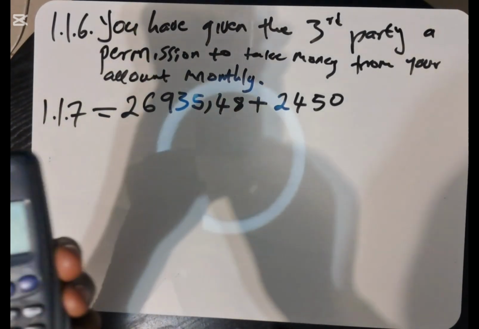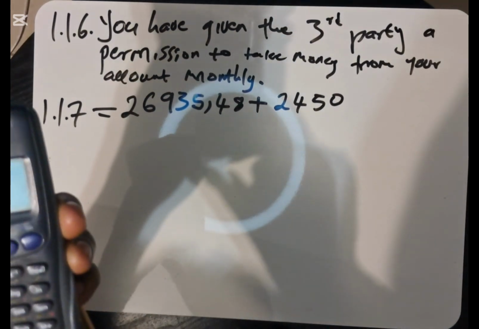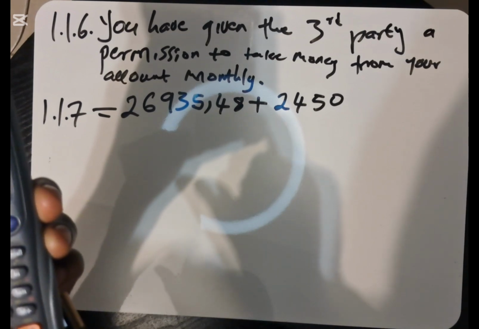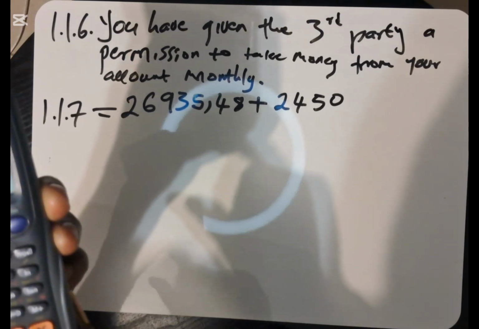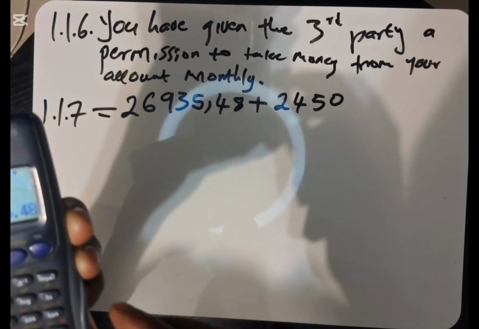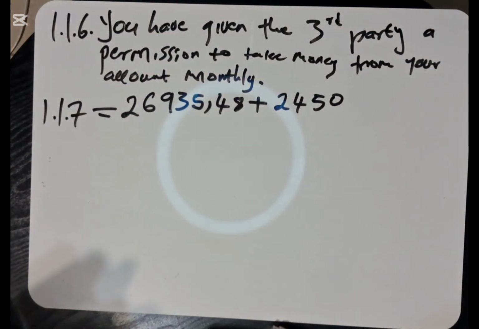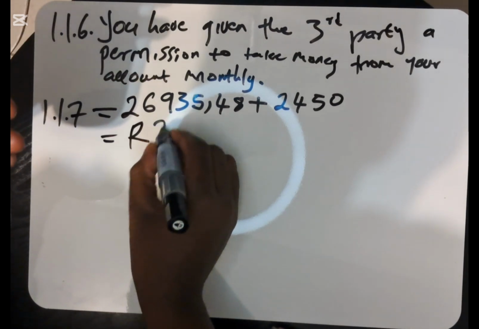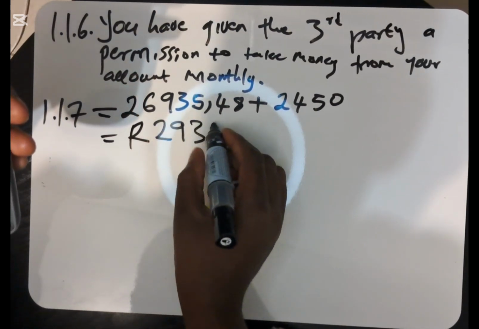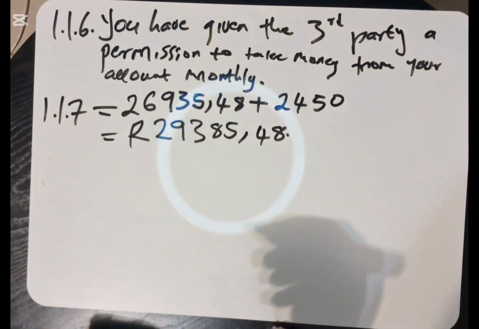So 26,935 and 48 cents plus 2,450 gives 29,385 and 48 cents. So we have managed to prove this amount. The amount is 29,385 rands and 48 cents.